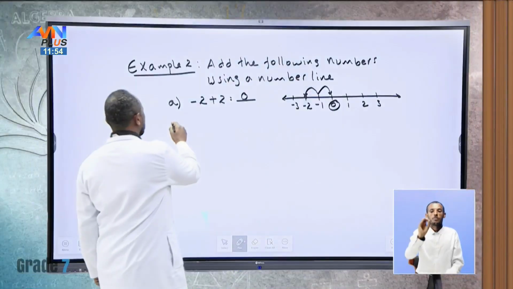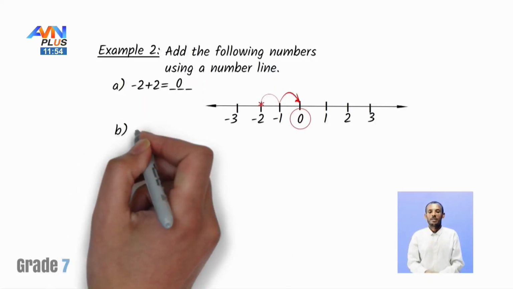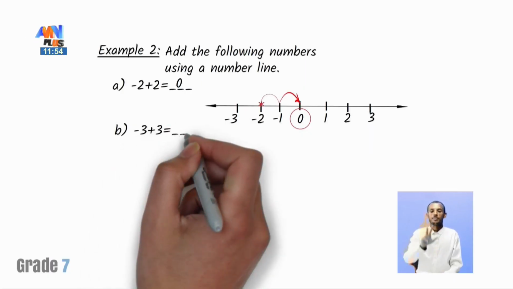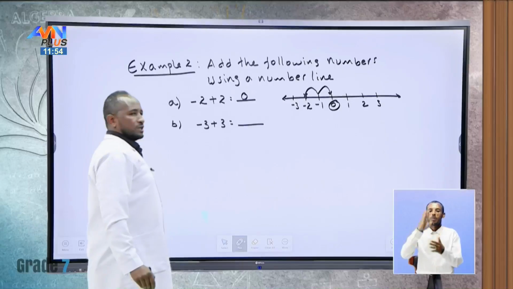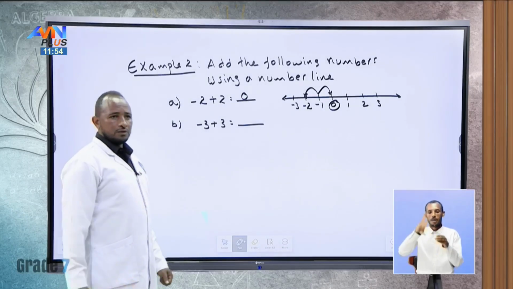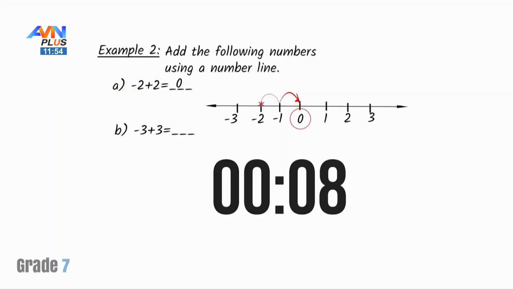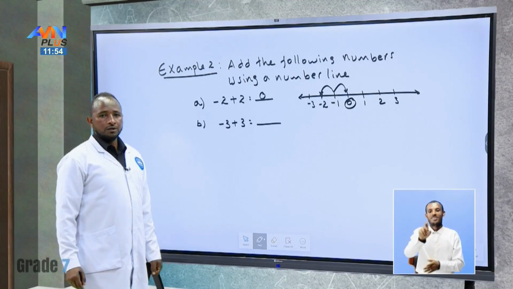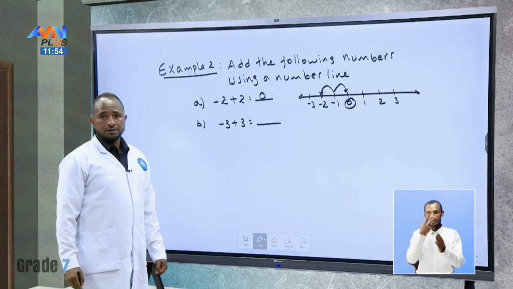Now try this question. -3 plus 3. What will be the sum of these two numbers? Please try. I'll give you 10 seconds for this question. Students, have you tried the question? Good. Let's see the answer.